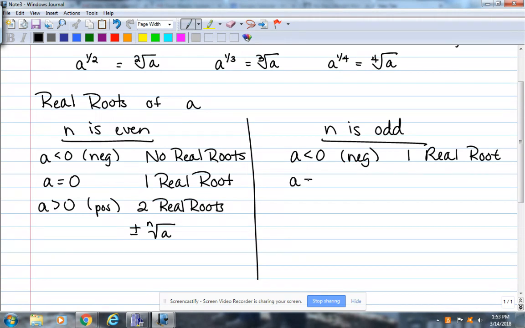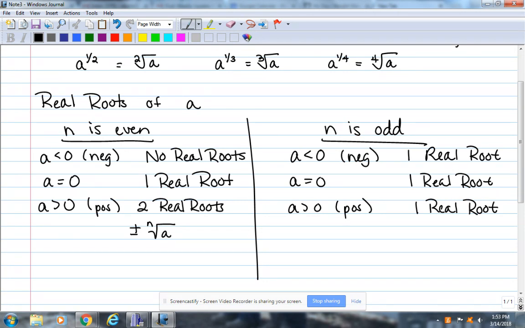If a is 0, you will have one real root. And if a is positive, you will have one real root. So you don't do the plus and minus thing for an odd. You just take it as it is. So if you have an odd index, taking a cube root, a fifth root, a seventh root, or whatever, you can have negatives and you only have one solution for all of them.